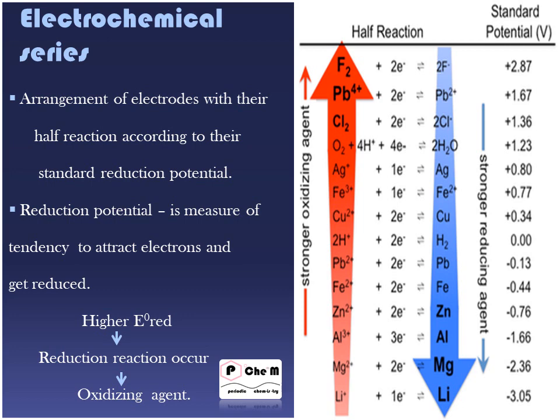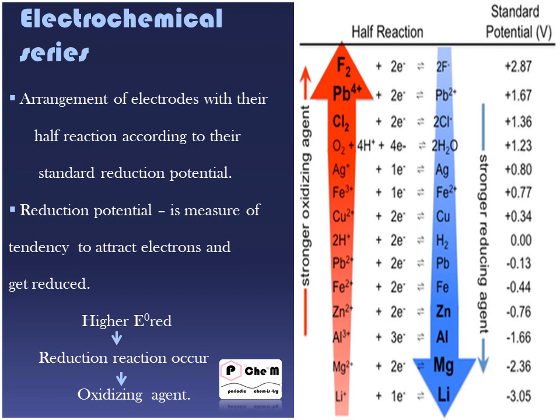Also, you can see that all the terms on the left-hand side of the reduction reaction are oxidizing agents, while the terms on the right-hand side of the reduction reactions are reducing agents. The strength of the oxidizing agent increases as we move from bottom to top, while the strength of the reducing agent increases as we go from top to bottom.